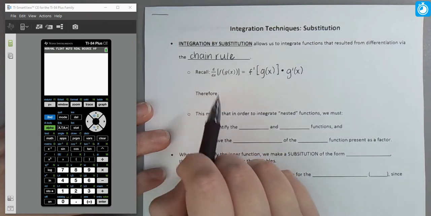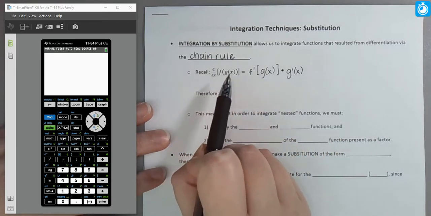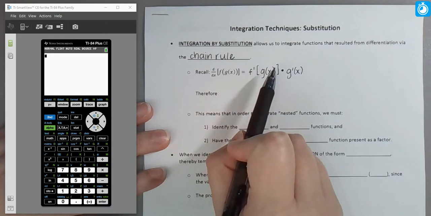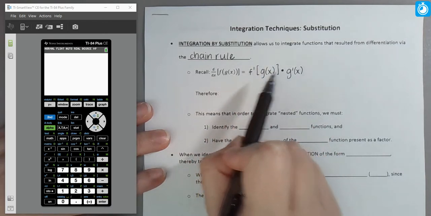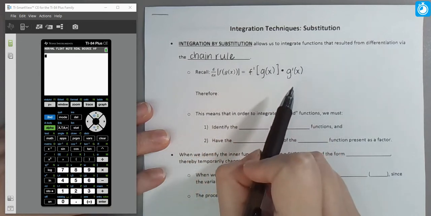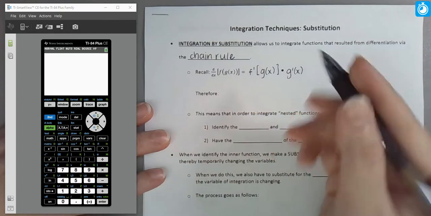So if we see a function of this particular form, then we know that it resulted from differentiation via the chain rule. Okay, so if we were to flip this relationship, we take the derivative of a function and get its derivative given by this particular function. If we anti-differentiate or integrate the derivative, then we get back to the function that we started with.